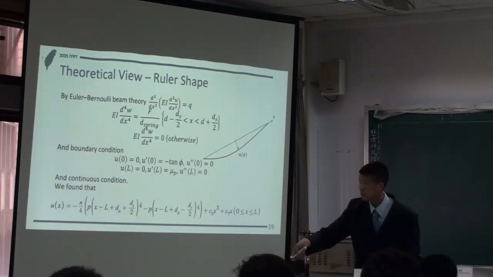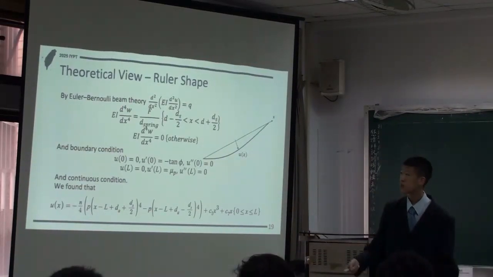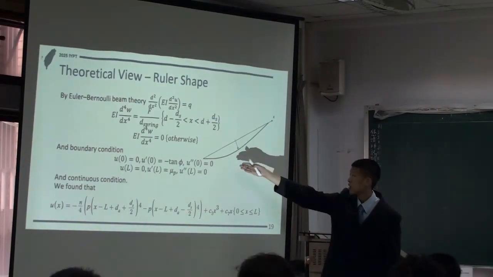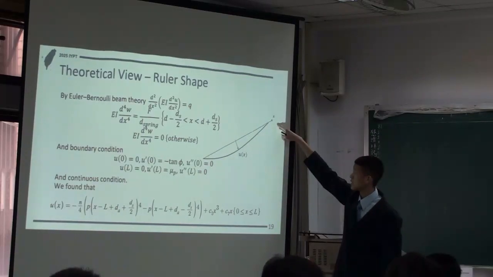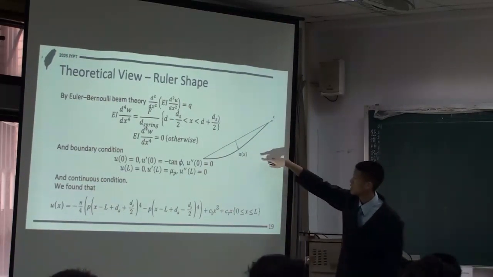We can see the next graph by Euler-Bernoulli beam theory. We first add the frame, and this is the x-axis, and this is u.